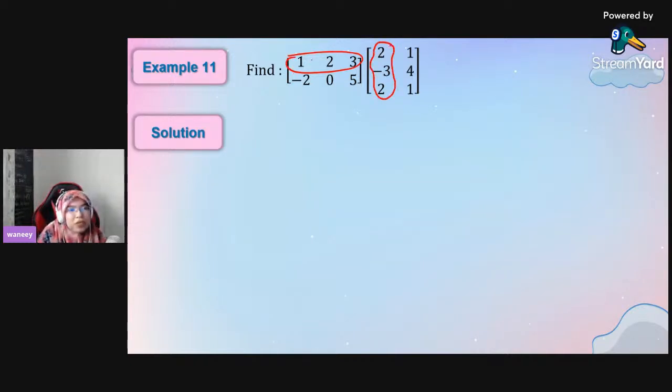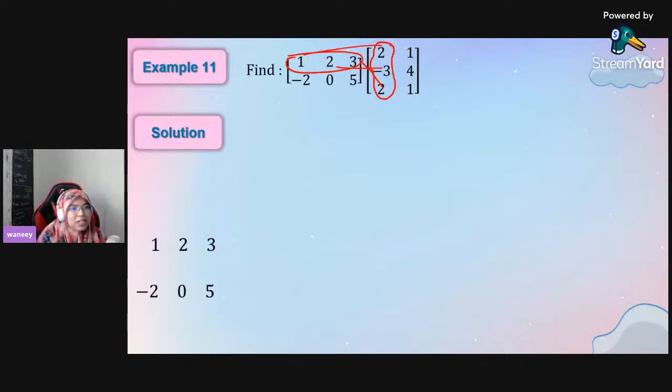So for example over here, it will be 1 multiply with 2, and then 2 multiply with negative 3, and then 3 multiply with 2, and then you add everything together. But I'm sure sometimes it can be quite hard to see which value we are going to times. So normally, for someone at the beginner level, I ask them to do a table first.